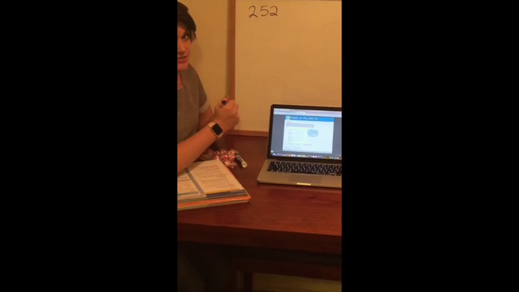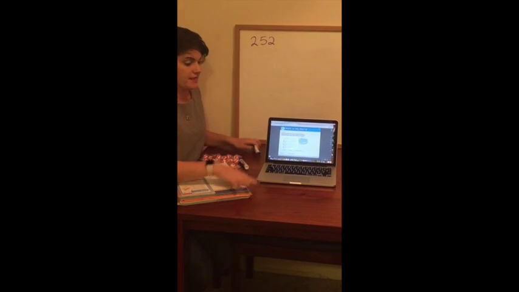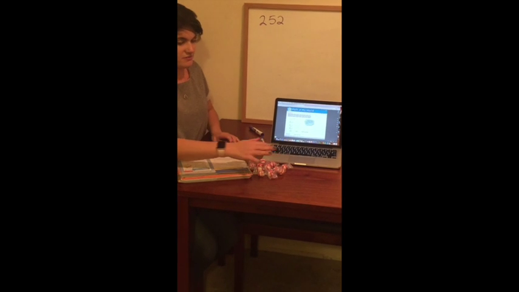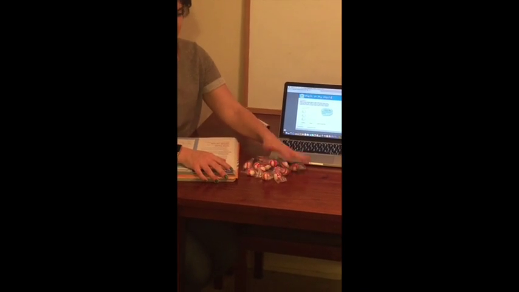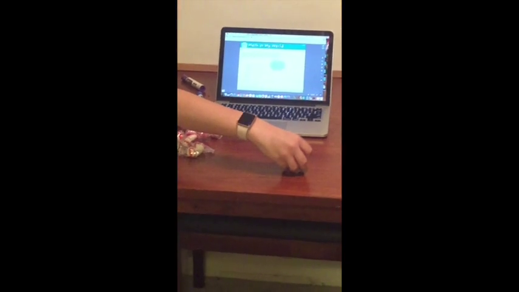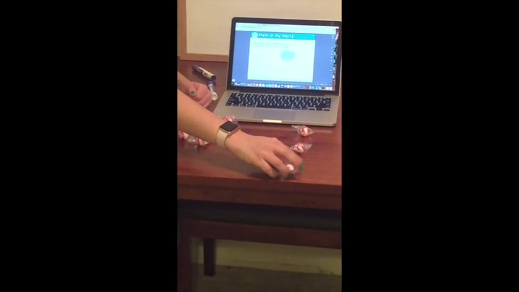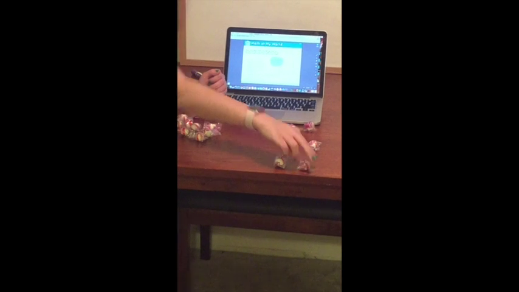Now, I don't have counters, so we're going to use mints. So I have my 15 scouts right here. 1 goes in 1 tent, 1 goes in another tent, and 1 goes in a third tent. I've still got more scouts, so I'm going to do that again. I'm going to divide them up.